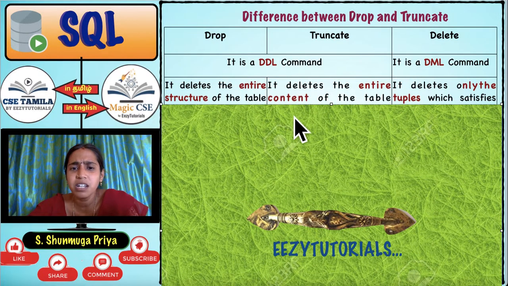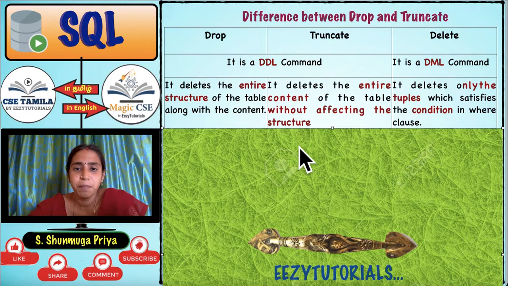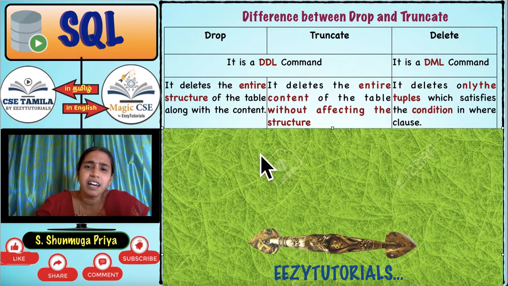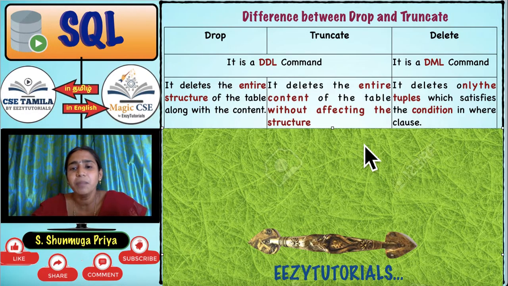The next one is what each command actually performs. Drop will be deleting the entire thing from scratch, that is the structure of the table. If you have content and you are deleting it, the content along with the structure together will be deleted by the drop command. Whereas truncate command will be deleting only the content, but the entire content.